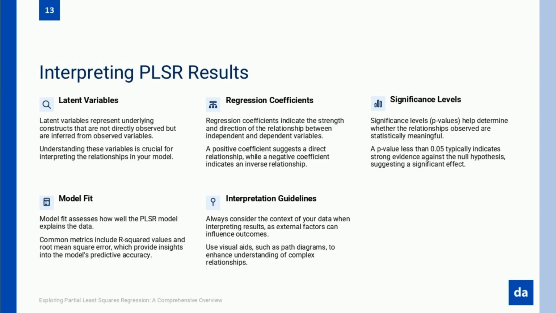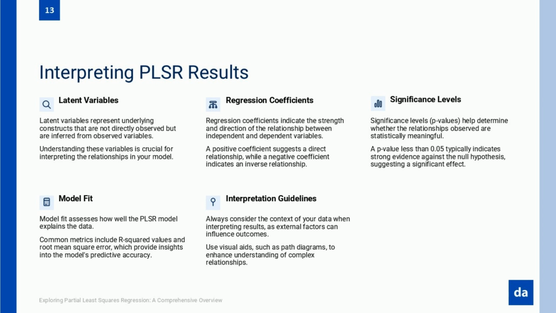This means interpretation requires a bit of detective work. You have to analyze which predictors contribute most to each latent variable and how they relate to the response variable. If this sounds complicated, think of it like translating a book into a different language. You need to understand the deeper meaning, not just the words.